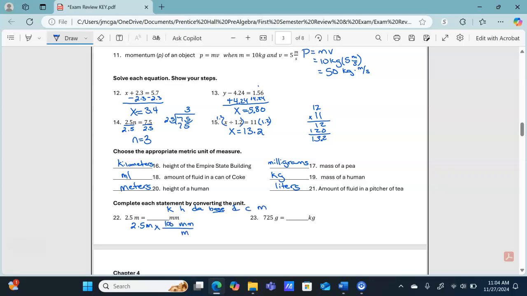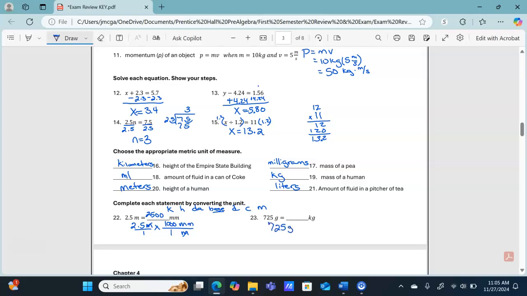There are 1,000 millimeters in 1 meter. So that will cancel, and 1,000 times 2.5 just moves the decimal 3 places to the right. And how you would do that here would be you're going from the base to meters, so you would go 1, 2, 3 steps to the right, so you need to move the decimal 3 steps to the right.